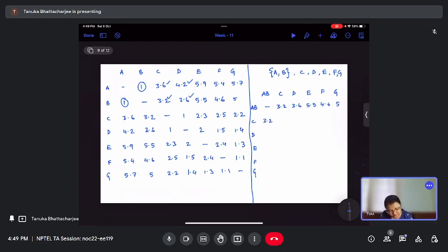Similarly, this side. The remaining were the same as before, so we can simply copy those. So this was step 1, this is step 2.